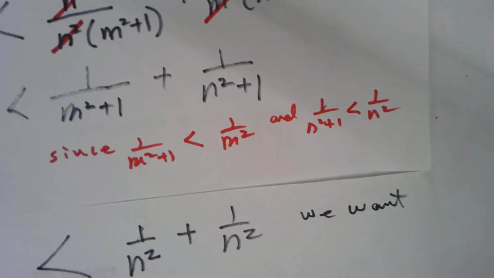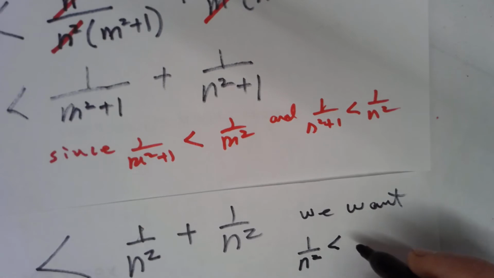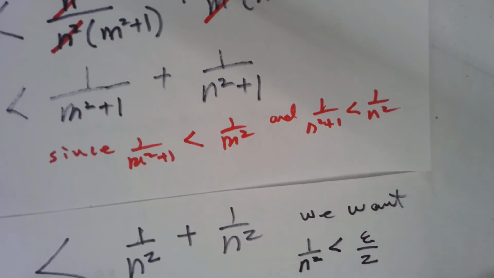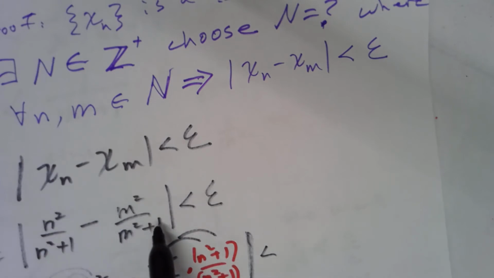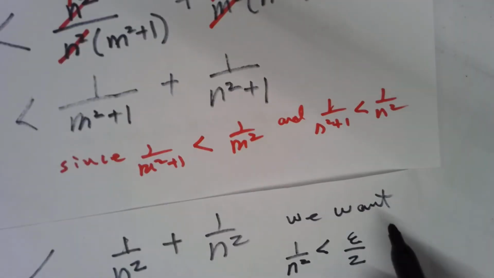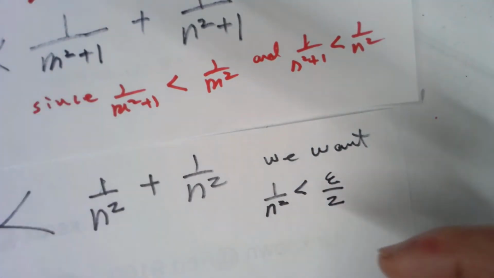So we can say that 1 over n squared is going to be less than epsilon over 2, since n squared over n squared plus 1 plus a negative m squared over m squared plus 1 is less than epsilon. So this could be considered as less than epsilon over 2, and this could be considered as less than epsilon over 2. And so from here we can apply the reciprocal and switch that inequality sign.